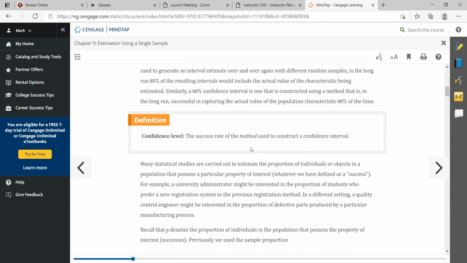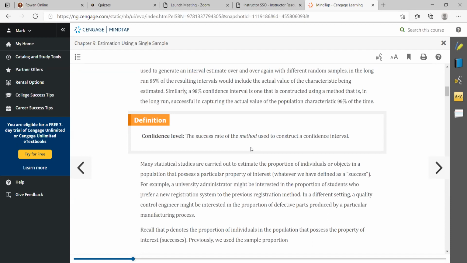They will all have a different point estimate, but if they all follow the same construction, calculating a margin of error and adding and subtracting it from that point estimate, if we said something about a 95% confidence interval, each of those people who did samples would all have different point estimates and would all have different confidence intervals, even using the same construction process. But we would expect about 95% of all those confidence intervals to contain the true population mean, which is what we're trying to do here.